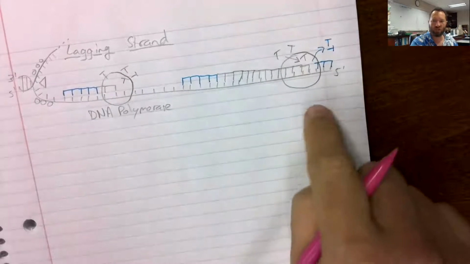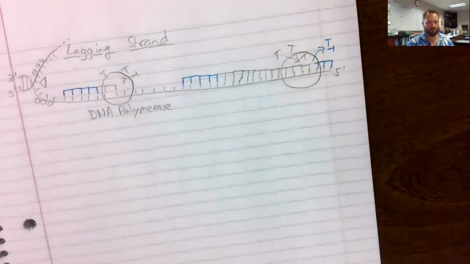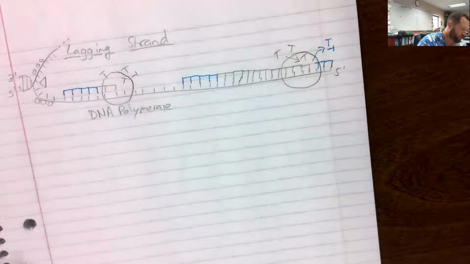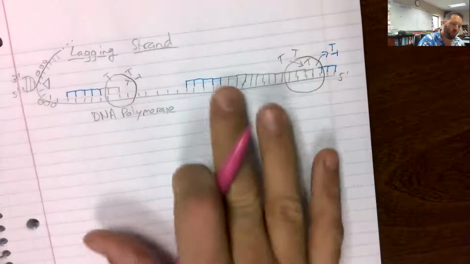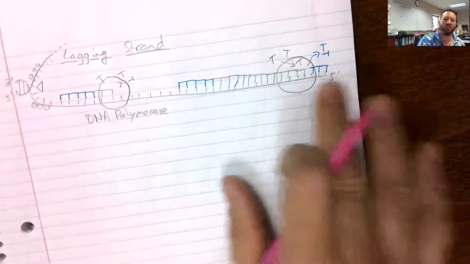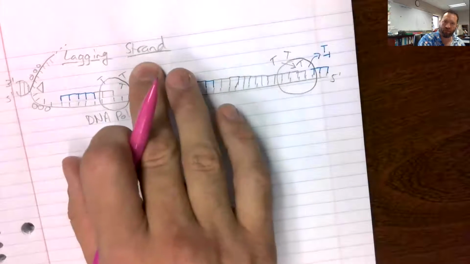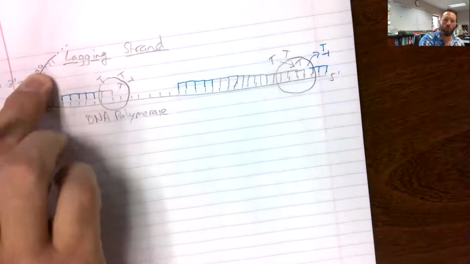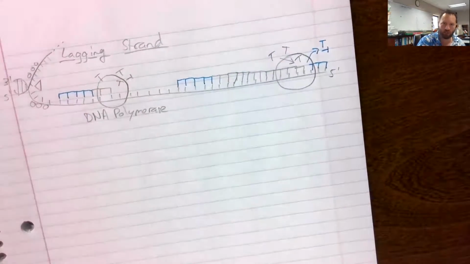My blue T's are getting kicked off. We'll come back and discuss that in notes in just a second here. So what we're building, this guy's getting ready to complete one. This guy's just starting one. Again, he's further along in time than this guy. He started getting to work when we were still zipped up down here, and the helicase moved this way, opened up more, and voila, this guy could get to work.